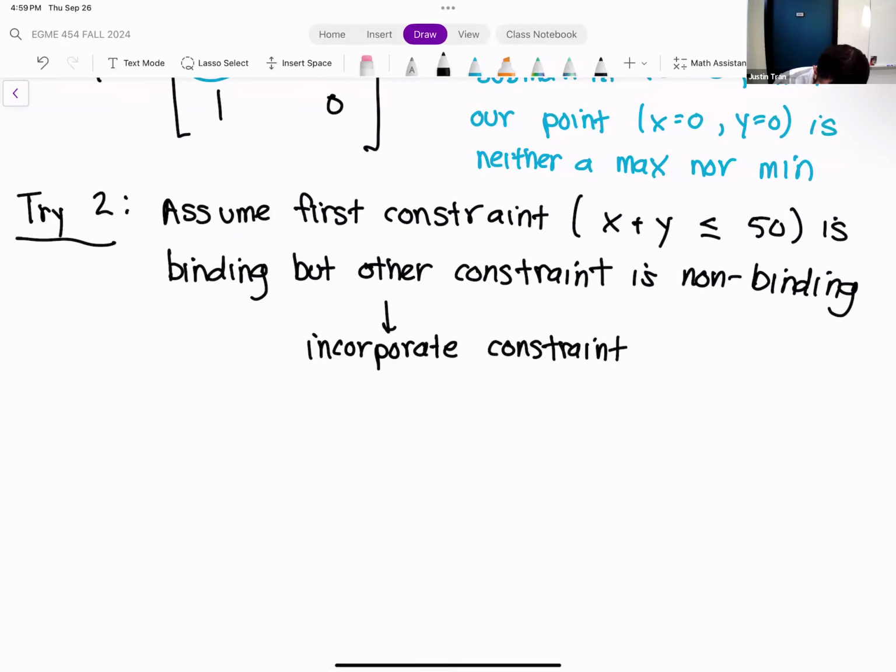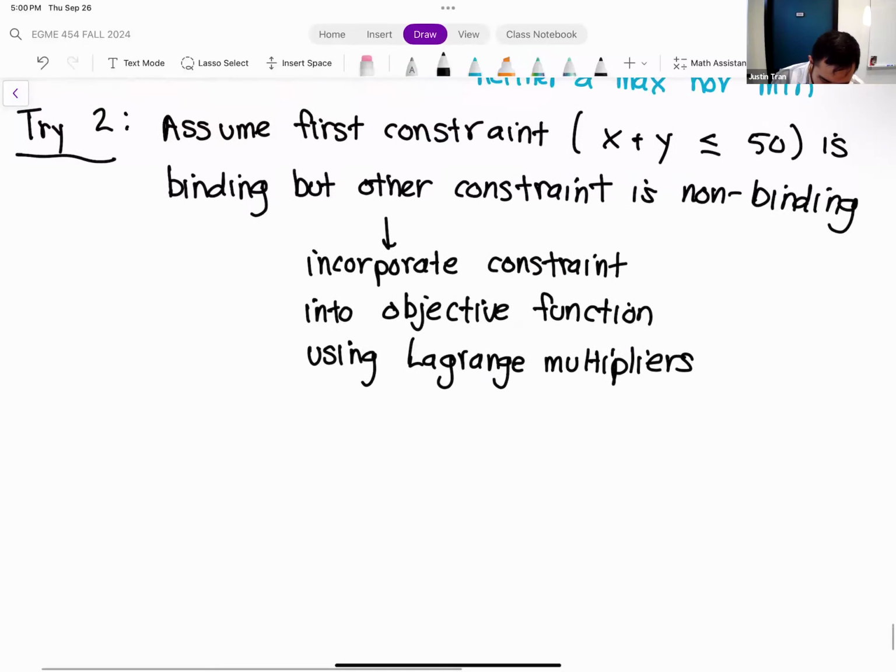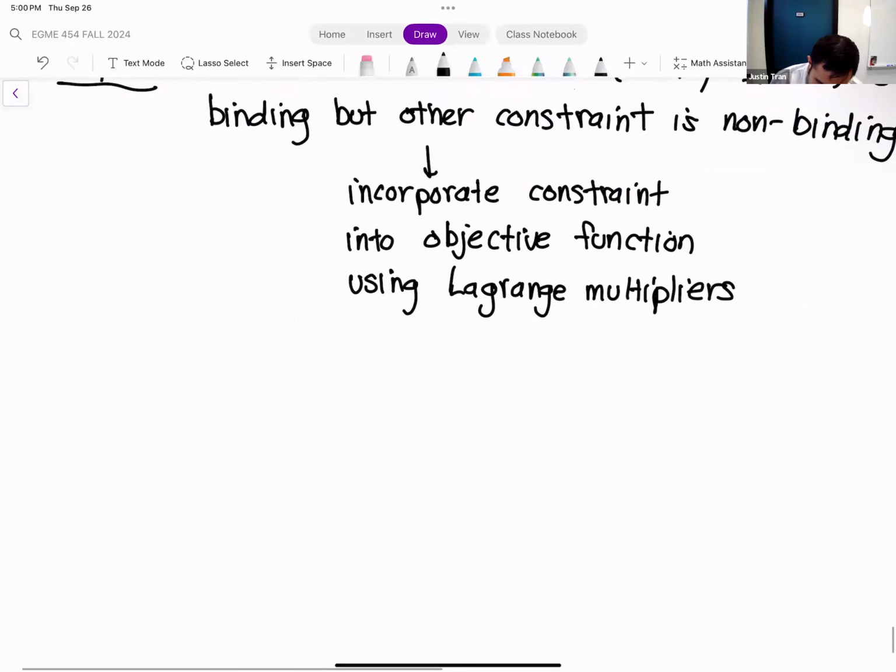So we're going to incorporate the constraint into the objective function, and we're going to do it using Lagrange multipliers. Okay. Let's go ahead and form our Lagrange function. So our Lagrange function for this case, a function of x and y, we're introducing another design variable, which is the Lagrange multiplier for that constraint.